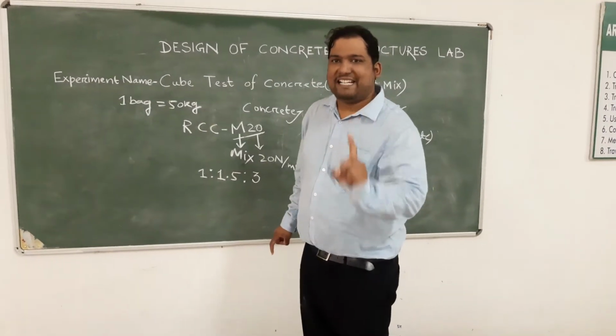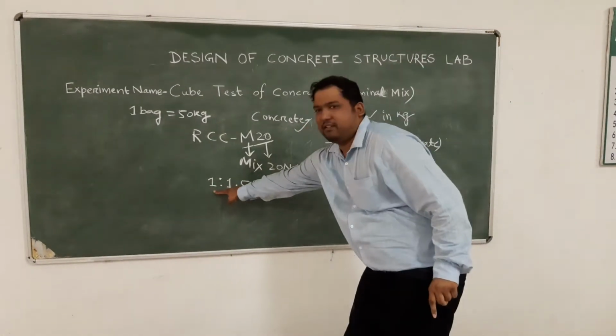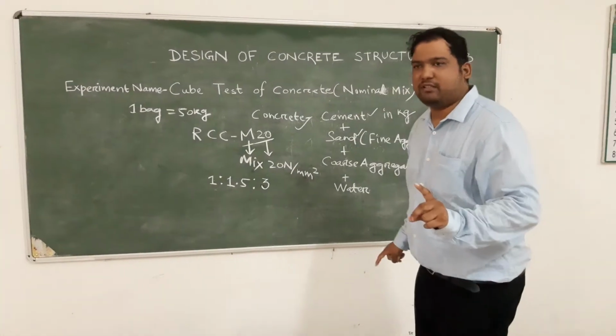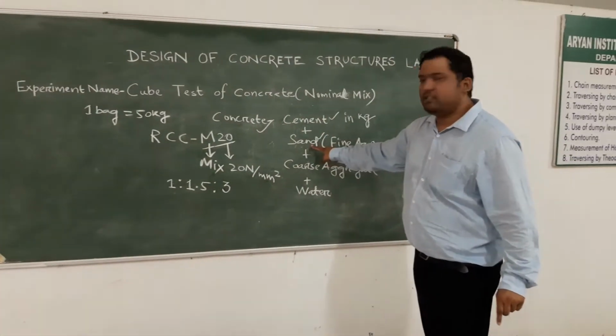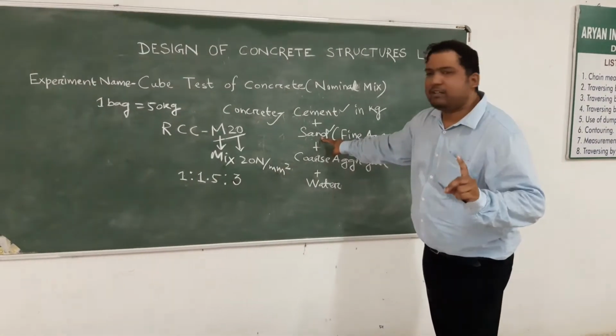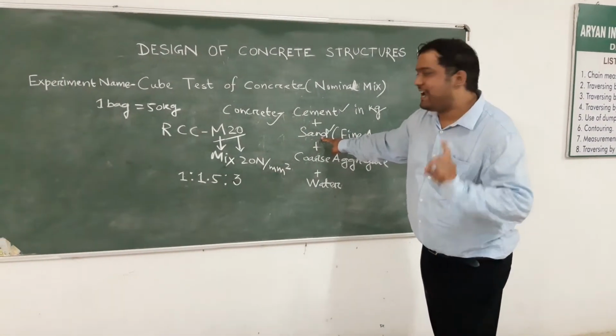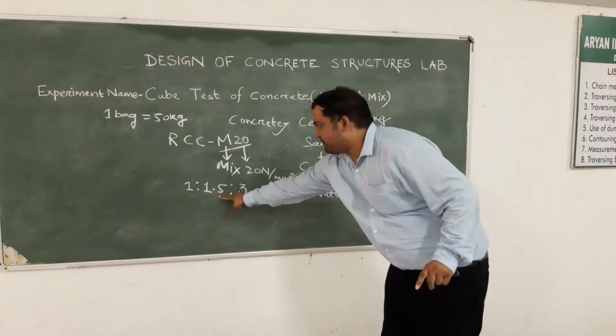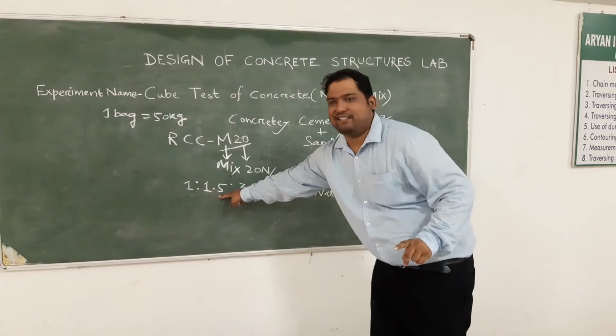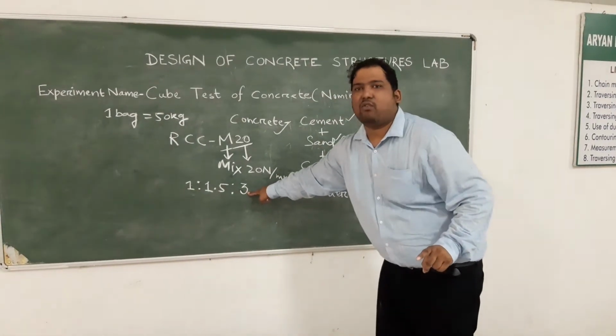So suppose I take 50 kg of cement, then my proportion for nominal mix should be 1.5 times for sand. This 1 is for cement, this 1.5 is for sand or fine aggregate, this 3 is for coarse aggregate.